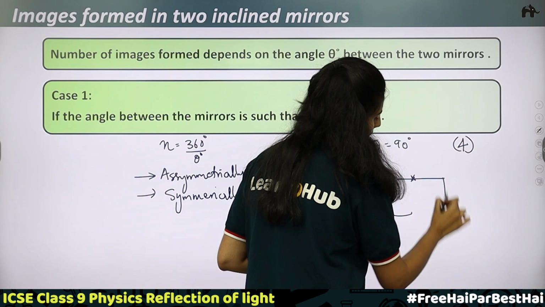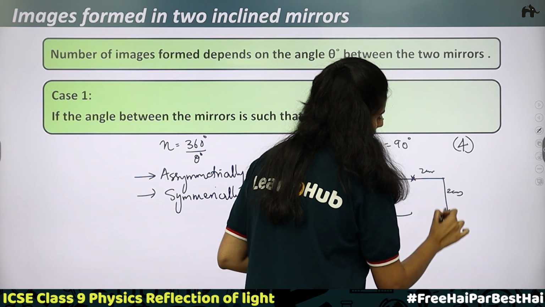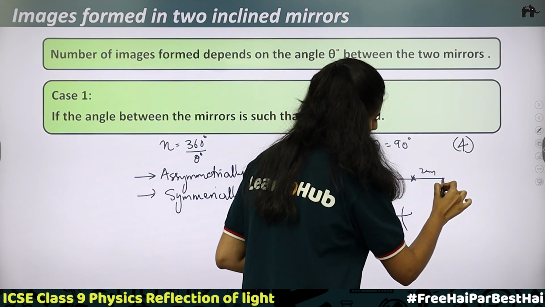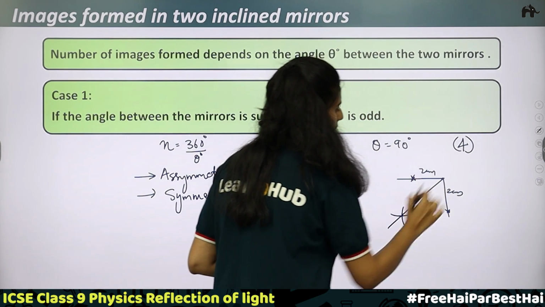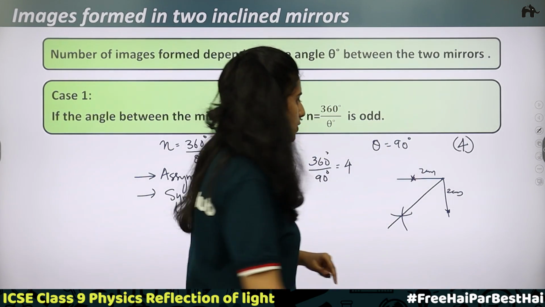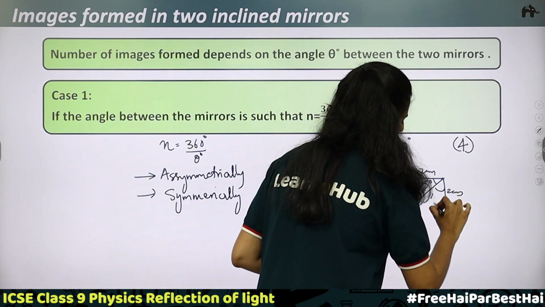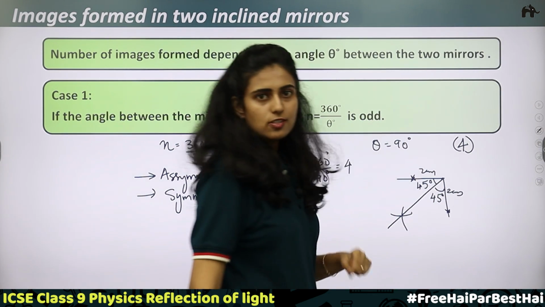Keep the edge now here at 2 centimeter, draw an arc. Draw a line. This line we call the bisector. This is a bisector of the angle. So, if this is 90 degree, this part is 45 and this part is 45 degrees. So it is bisected.